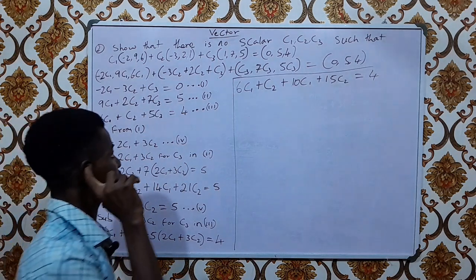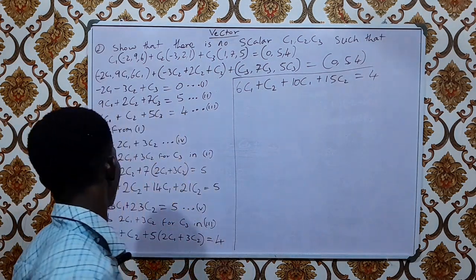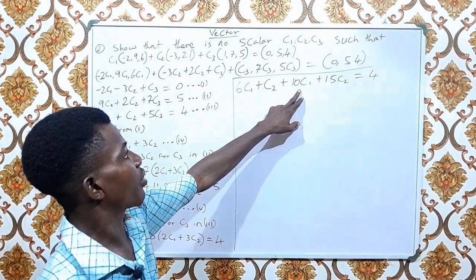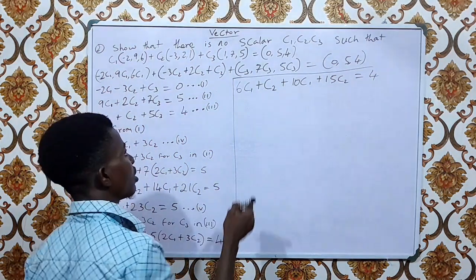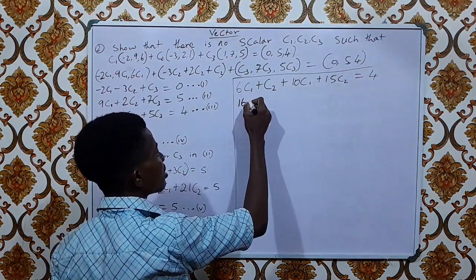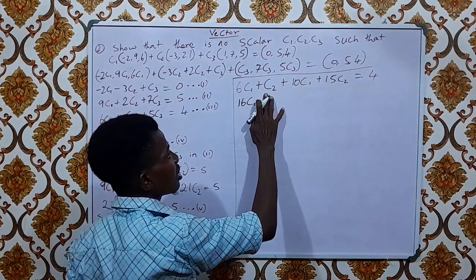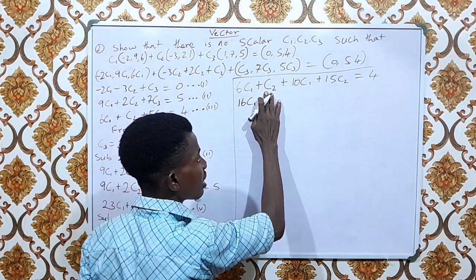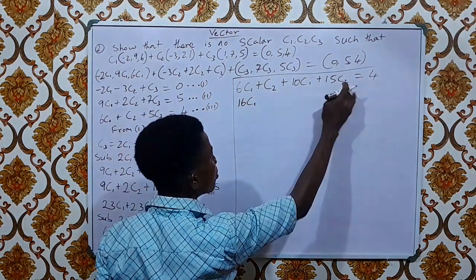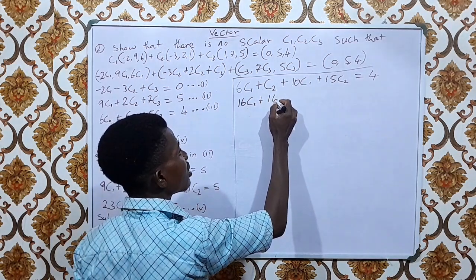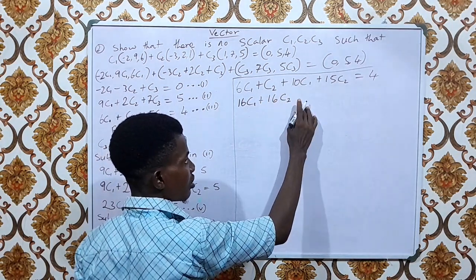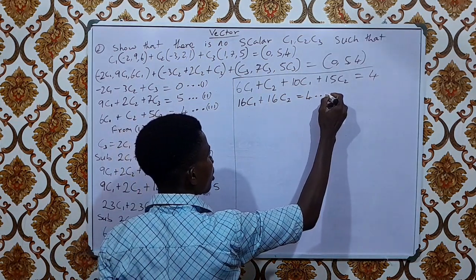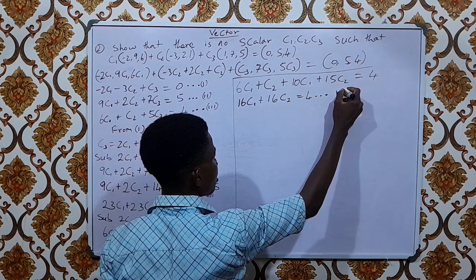We collect terms. 6C1 plus 10C1 will give us 16C1. C2, that is 1C2 plus 15C2 will equally give us 16C2, which equals 4. We call it equation 6.